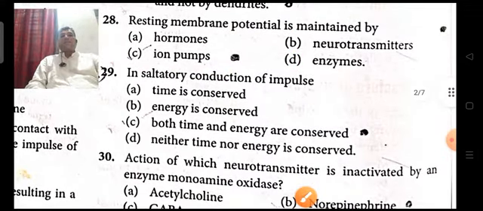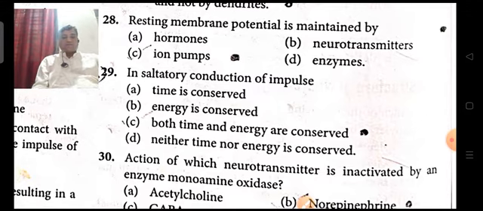Next, in saltatory conduction, time is conserved, energy is conserved, both are conserved, or neither time nor energy is conserved. So saltatory conduction of nerve impulse requires less energy because only the nodes of Ranvier are depolarized and fewer ions are required to be pumped back into position by the energy-requiring active transport mechanism.